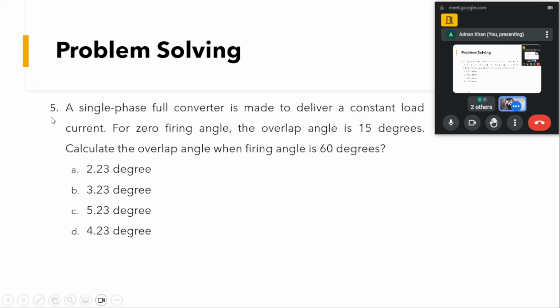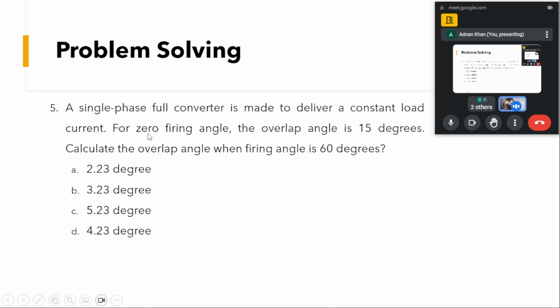Coming to the fifth question: a single phase full converter is made to deliver a constant load current. This is related to what was taught previously. Here we have a single phase full converter and a constant load.